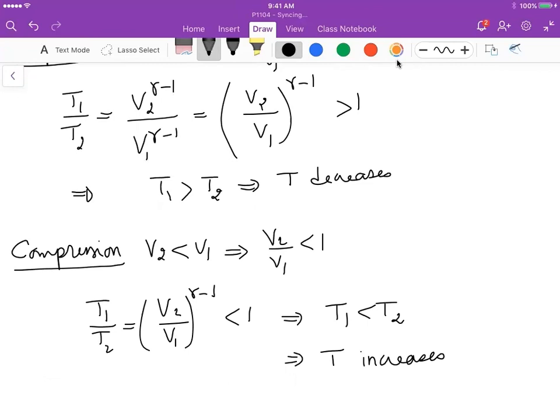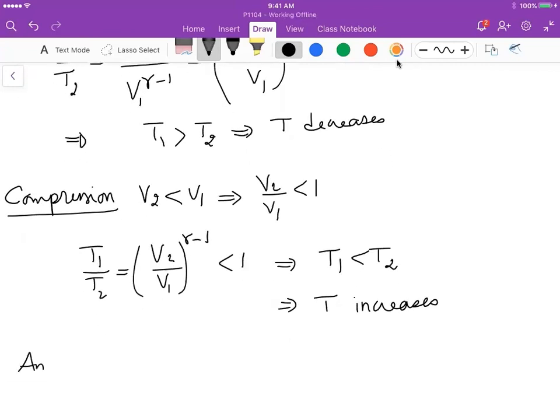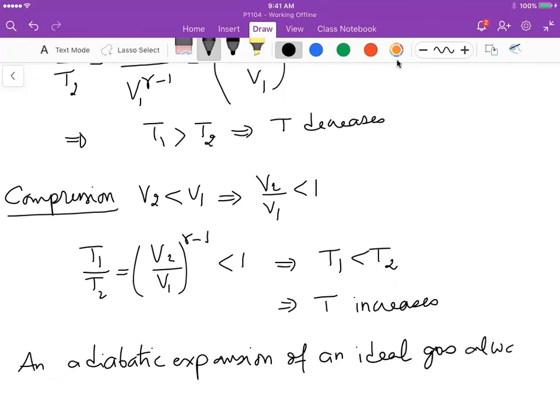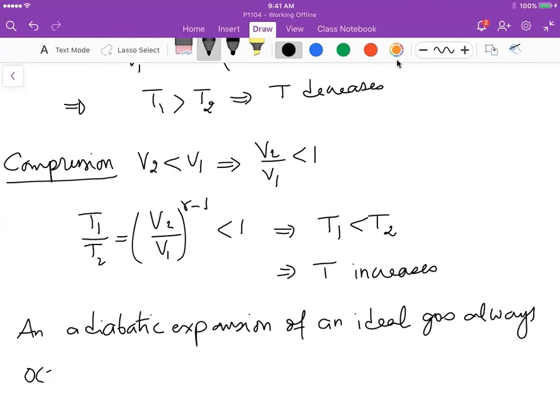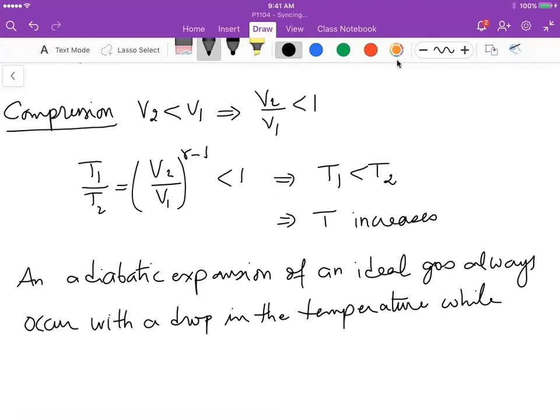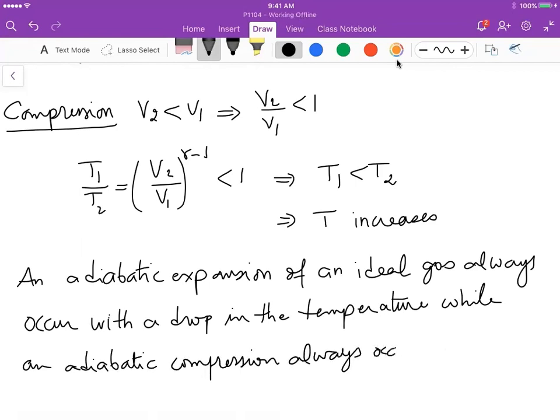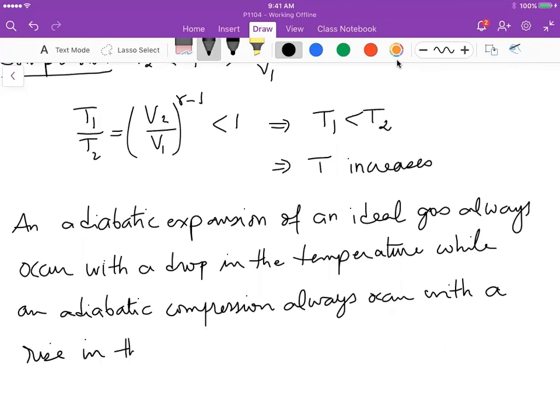Now, how we can draw this on a figure, we are just going to do this, but let's write down first that an adiabatic expansion of an ideal gas always occurs with a drop in the temperature of the gas, while an adiabatic compression, of course of an ideal gas, always occurs with a rise in the temperature.